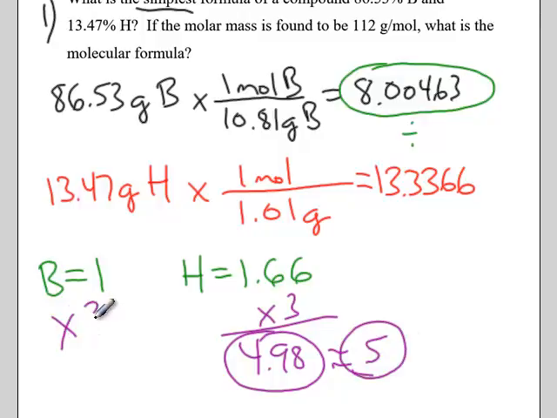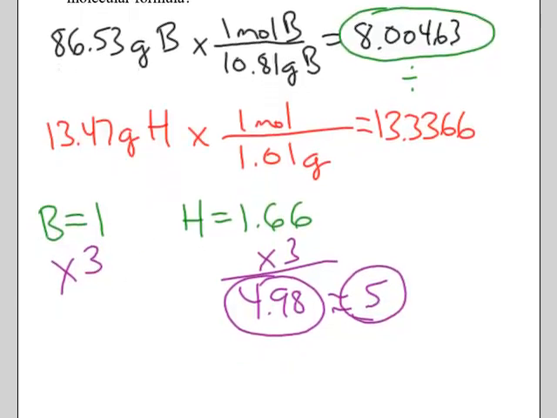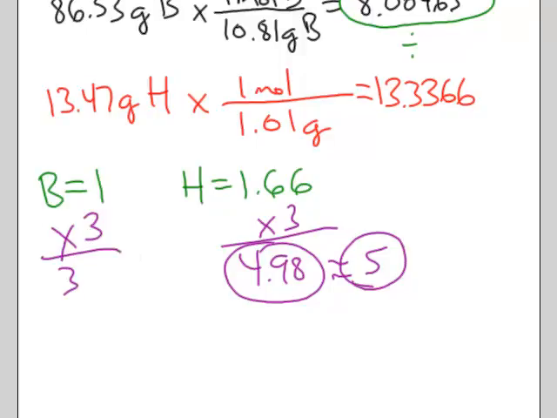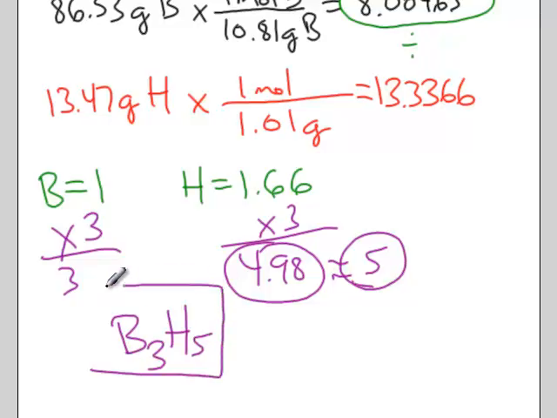Remember, you have to do that for every element in the formula. So if I multiply the hydrogen by 3, I have to multiply the boron by 3. So that gives me the simplest formula of 3 boron and 5 hydrogen. So that's step 1.